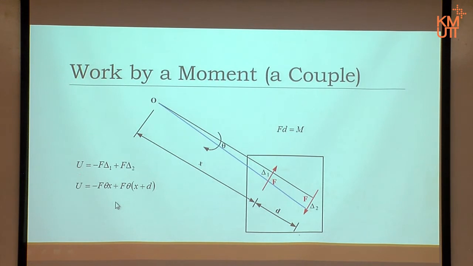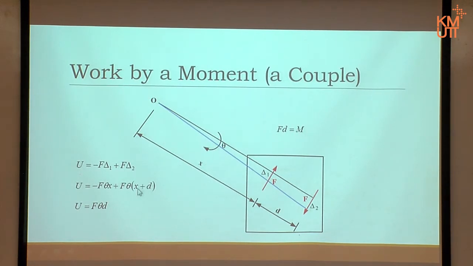Now, notice that when you expand the term, that term will be plus f theta x, which cancels out with that one. The second term will be only f theta d, which is that term there, right? Now, because we haven't actually defined it yet, it's easy to note that f times d is in fact the moment, the original moment we are talking about.